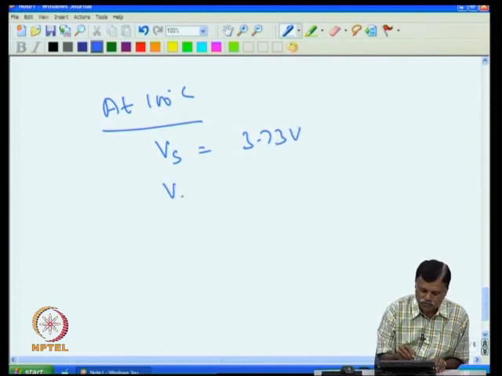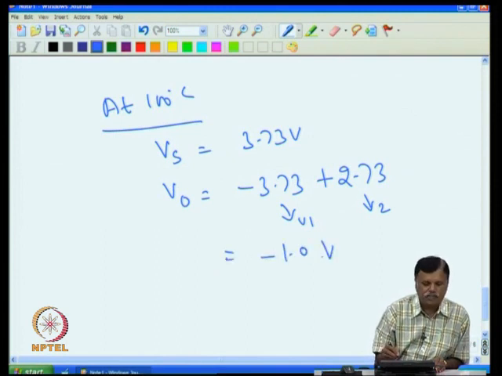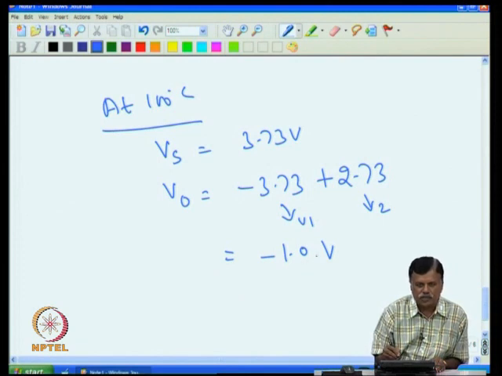So V output will be minus 3.73, then plus 2.73 due to V2. So this is due to V1, this is due to V2, and the net output voltage is minus 1 volt. So at 100 degree C it will show minus 1 volt. Right now we need not worry about this minus sign, but it serves the purpose.